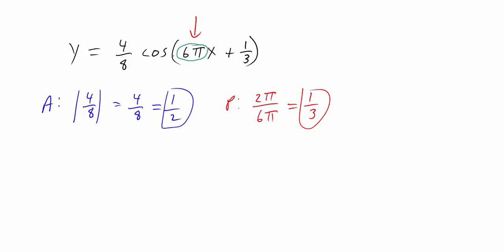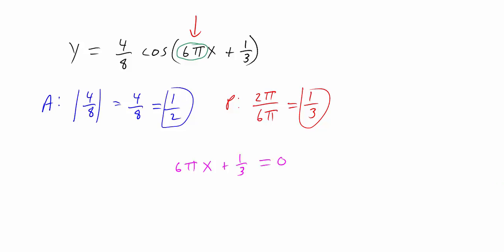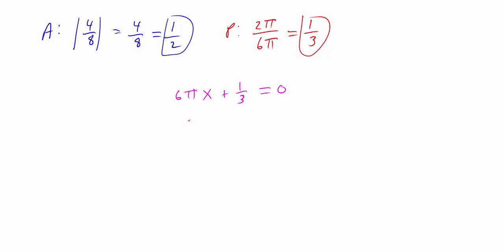And then if we wanted to look at the phase shift, we would simply take the 6 pi x plus 1/3 and set that equal to 0 and solve for x. So we would have 6 pi x equals negative 1/3. And then if we solve here, we would get x equals negative 1/3 divided by 6 pi.